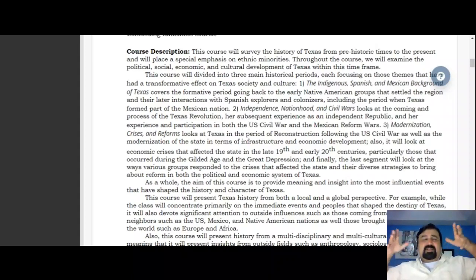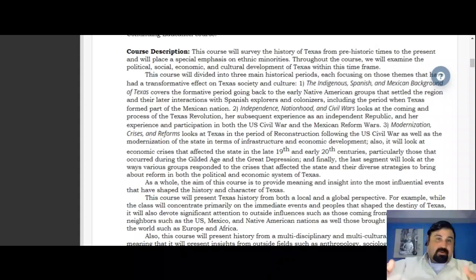What kind of ideas the Americans brought to Texas. And again, we have a huge mix now, because we have Native Americans, Spaniards, people of Spanish descent and heritage, people descended from Spanish and Native American, people from Mexico, and now Americans.